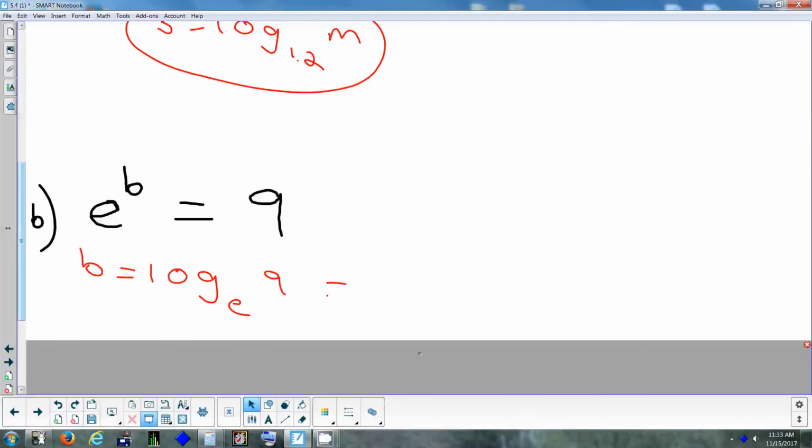Can anyone give me a shorter way to write log base e of 9? And this is probably what I would expect on the test. ln 9. If you wanted to know what that is, you could just go on your calculator, press the ln button, press 9, and hit enter. I don't care what the decimal is. Any question on that one?